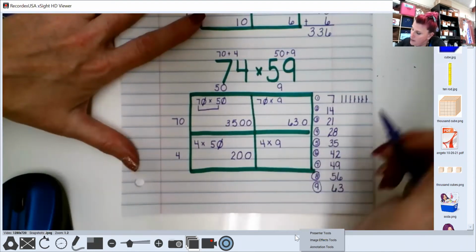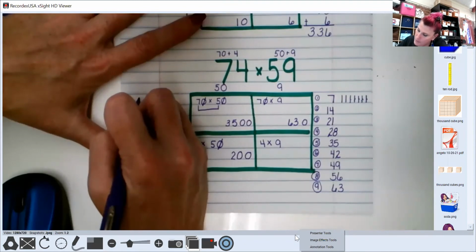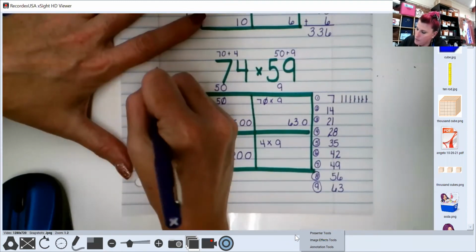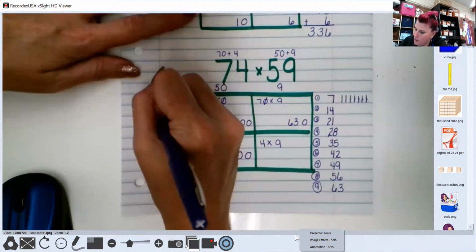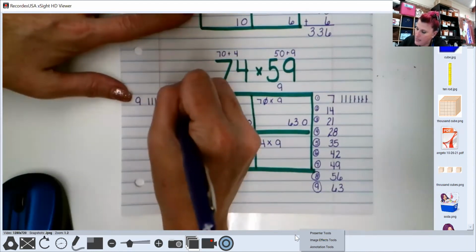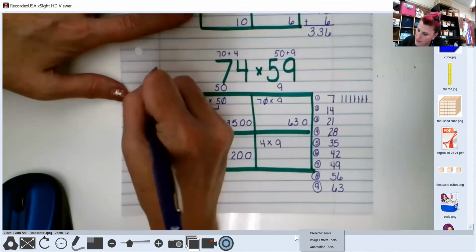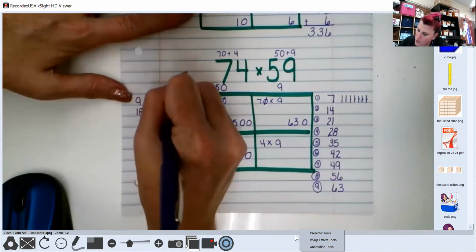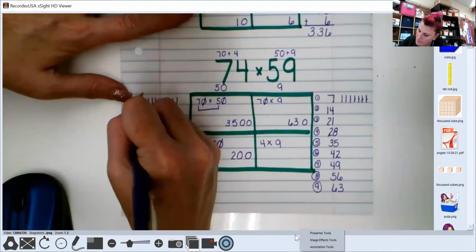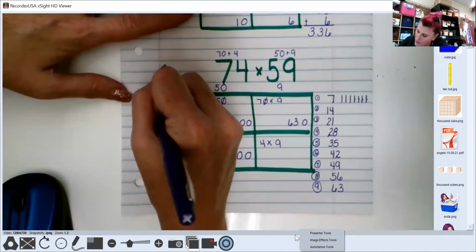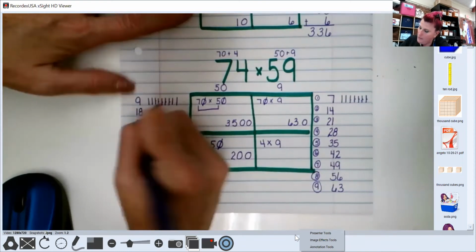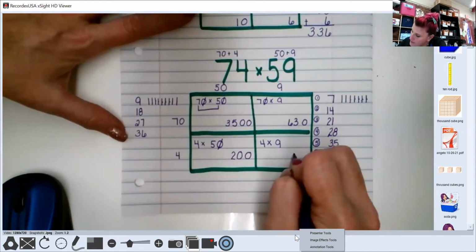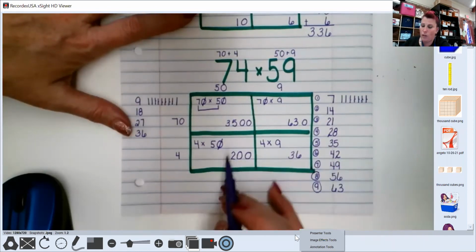So 4 times 9, let's go 9, and count up four nines: 9, 18, 27, 36. So that is 36. My next step is to add all of my partial products.